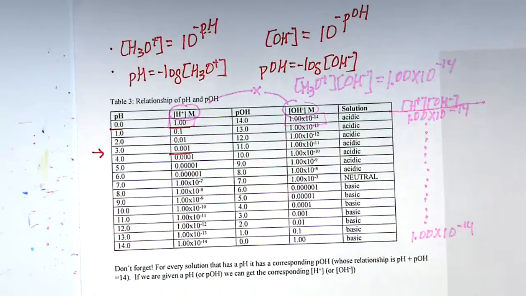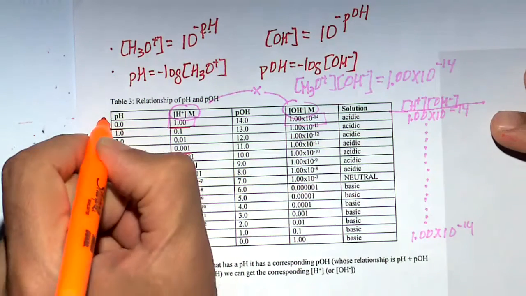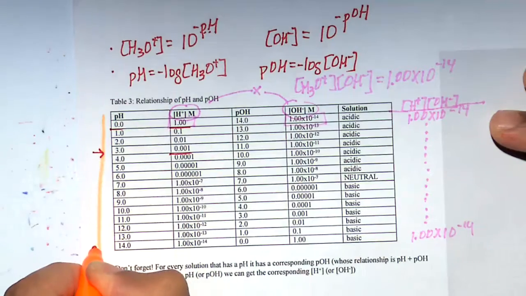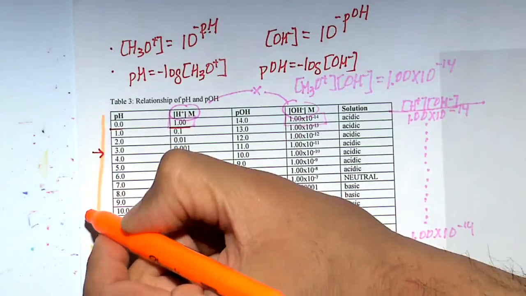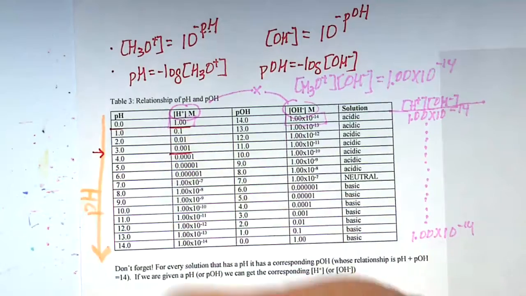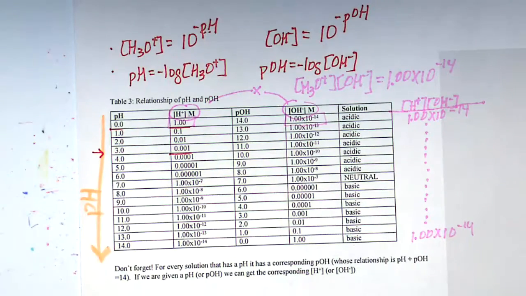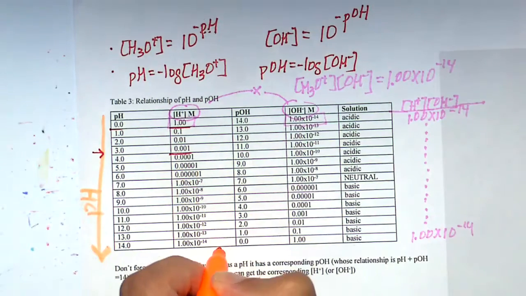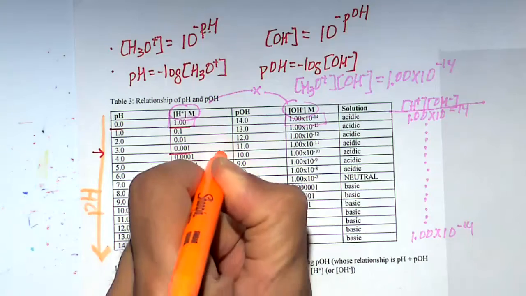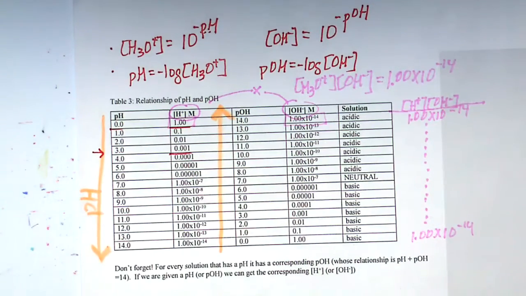And one final thing I want to tell you guys, we're talking about the pH and pOH scale. Here the pH is increasing. Okay. While the pH is increasing, what's happening to the hydrogen ion concentration? Okay, it's decreasing.